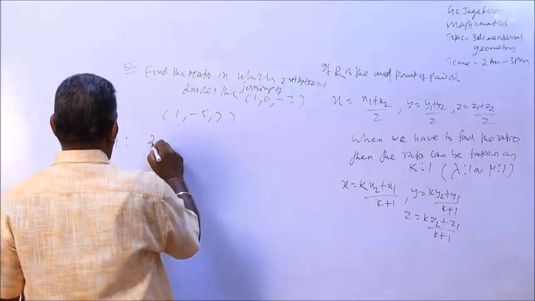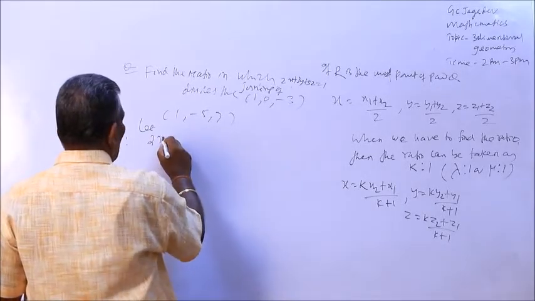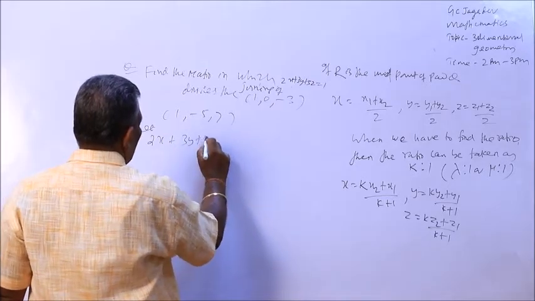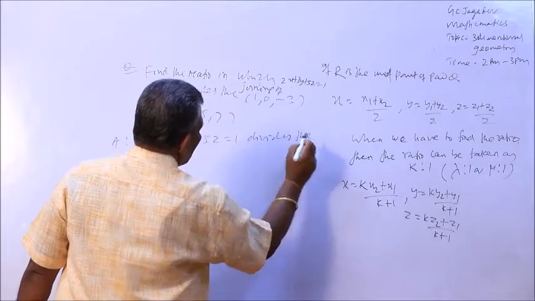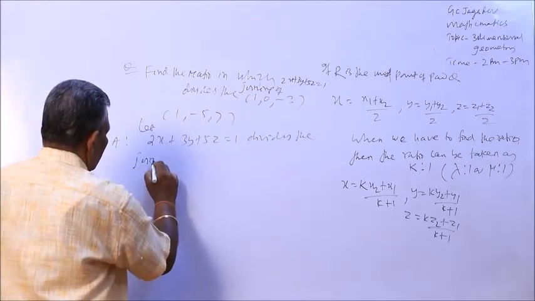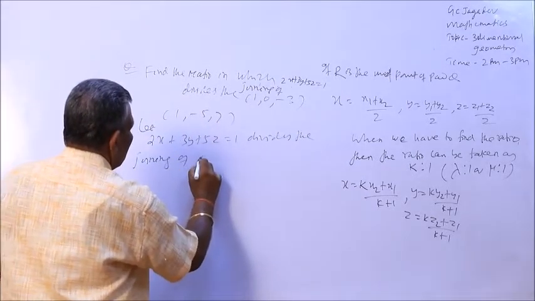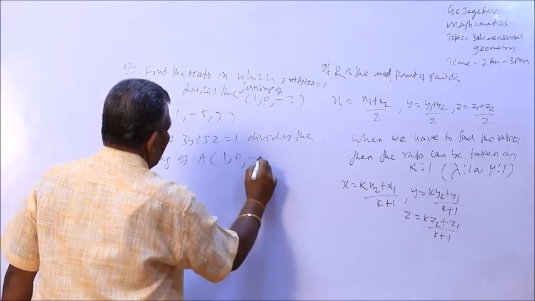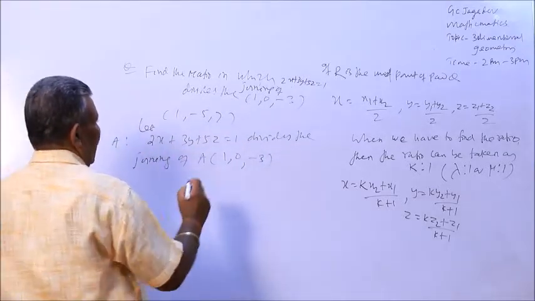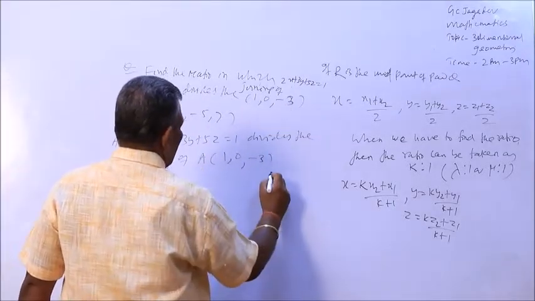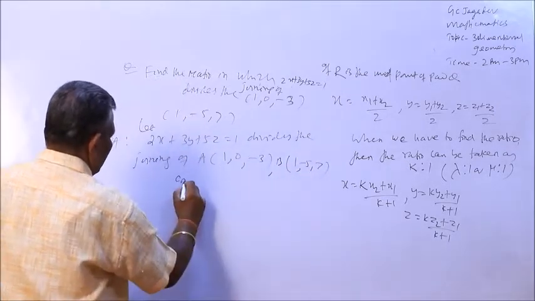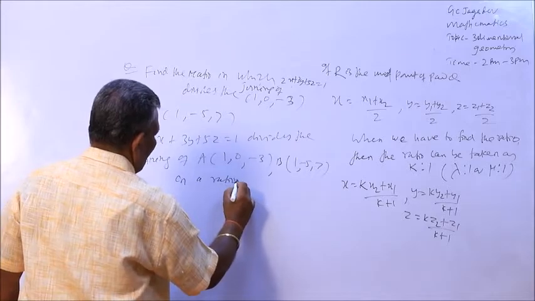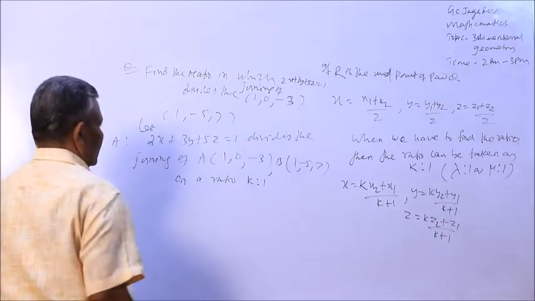Let the plane 2x plus 3y plus 5z equal to 1 divide the joining of A, the first point, and B, the second point, in a ratio k is to 1.